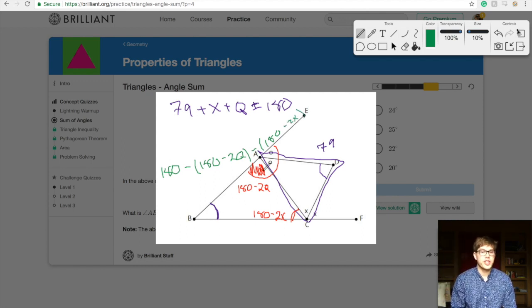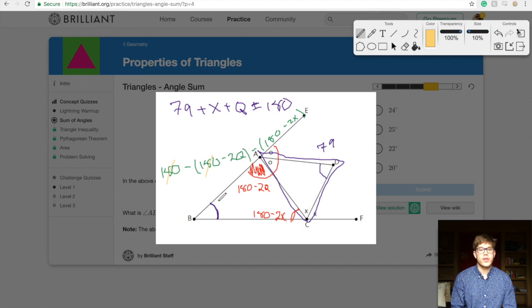So this picture is getting a little bit busy, but let's distribute and then we'll clear our board. So we have 180 minus 180 plus 2q. What's happening? This 180 cancels with this one. We have a positive 2q. And then we have minus 180 plus 2x.